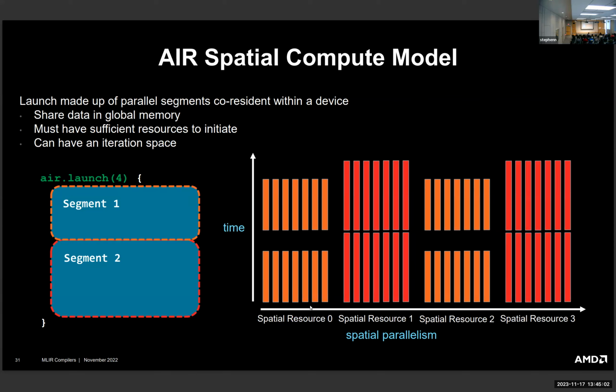And so what we would do is we would say, hey, suppose that we have two physical pieces of the engine array, let's say two neighboring columns. We would group them together in segments, and then we can distribute work over those segments, and then we can describe how we're going to assign work to those segments and then launch them together into an air launch.